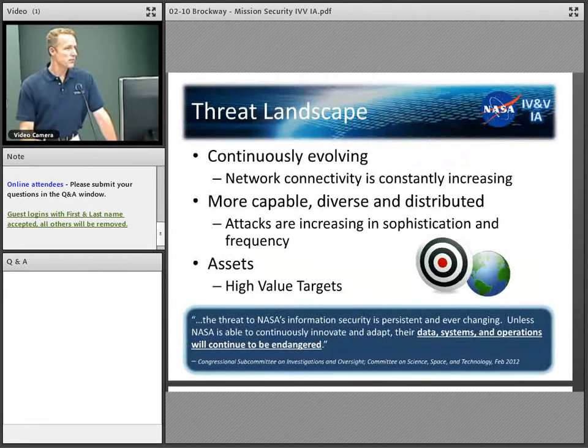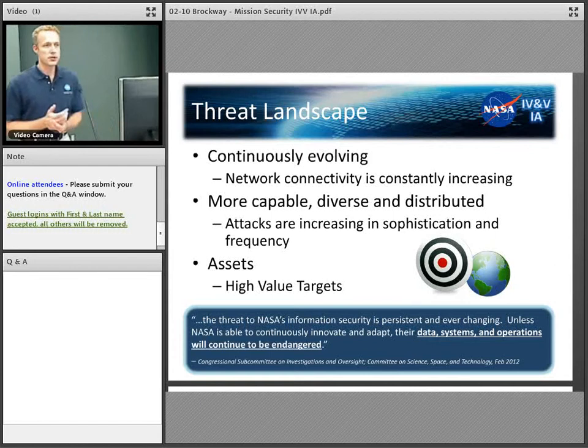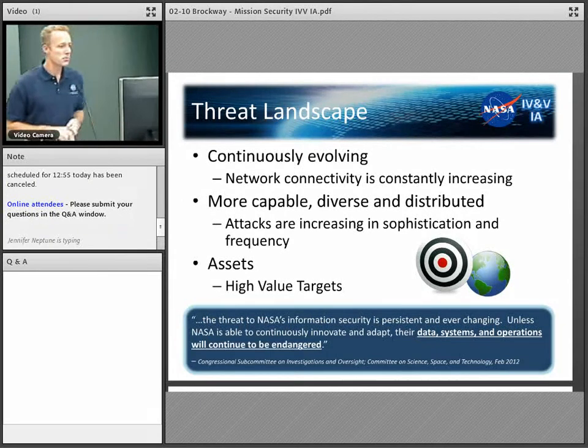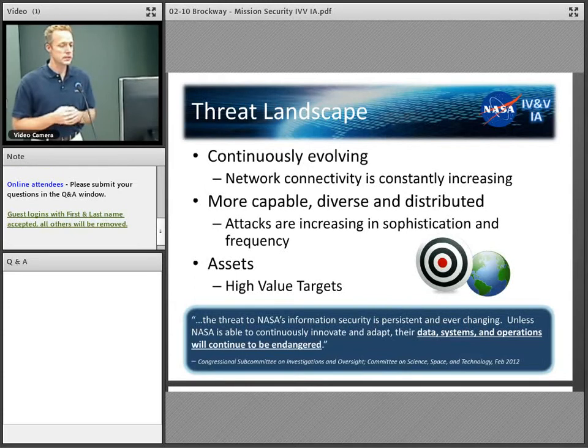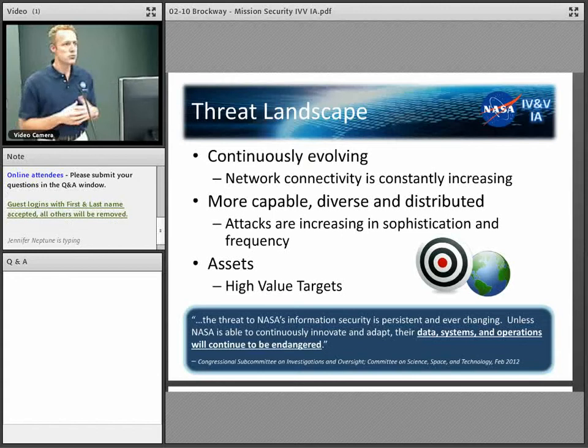So much like Martin highlighted earlier, we don't have to dive too deeply into the threat landscape because it's pretty well understood that there's an advanced and very persistent threat. For example, I just did a recent risk assessment, one of our independent assessment capabilities here, and just the threat component was 2 pages of 10-point font for a low impact system.